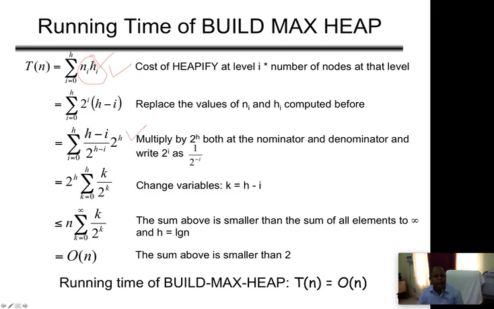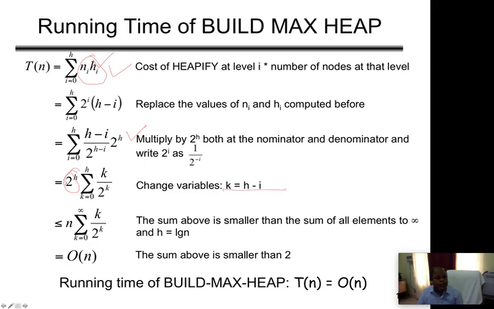You see, h minus i divided by 2 to the power h minus i into 2 to the power h, and 2 to the power h we take as constant, it is equal to summation of k by 2 to the power k from 0 to h. Okay, because h minus i we consider as k, hence k is equal to 0 to h, changing the variable from h minus i to k, hence it will be 2 to the power h.